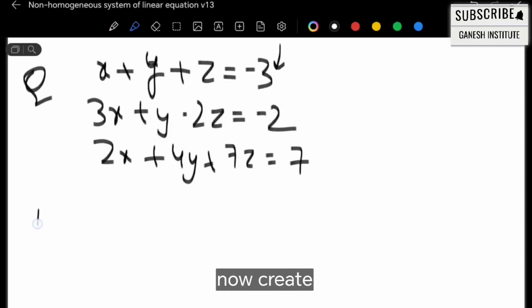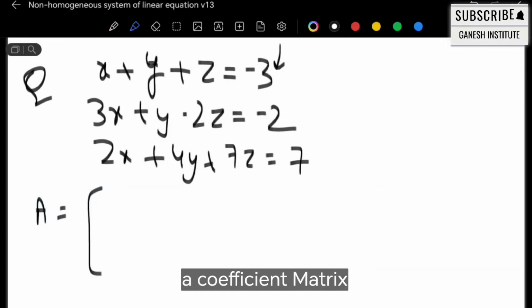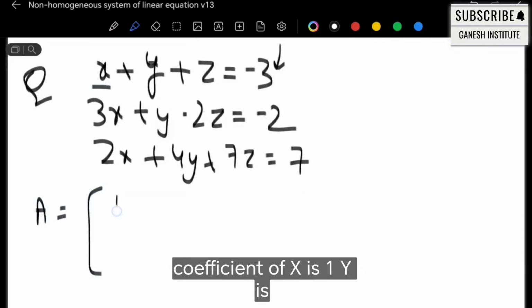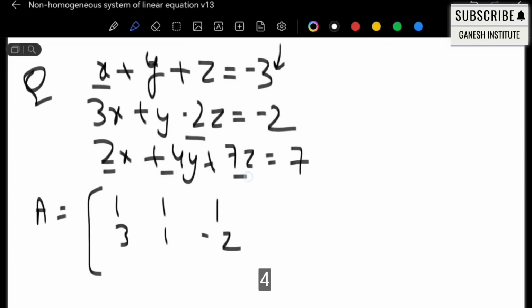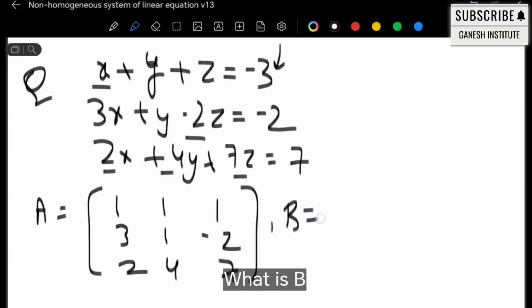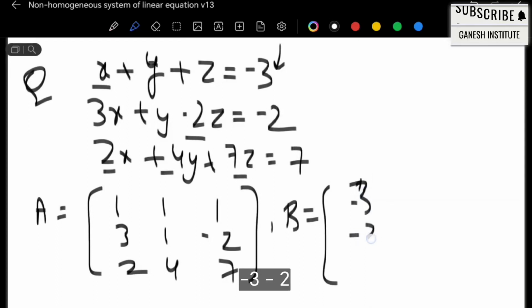Now create a coefficient matrix. Coefficients of x, y, z are 1, 1, 1, 3, 1, minus 2, 2, 4, 7. What is B? Constants: minus 3, minus 2, 7.